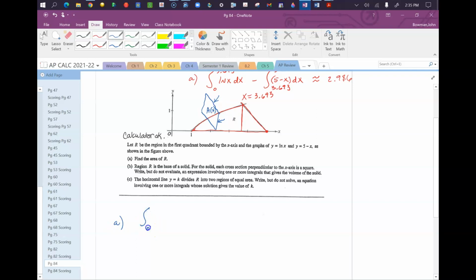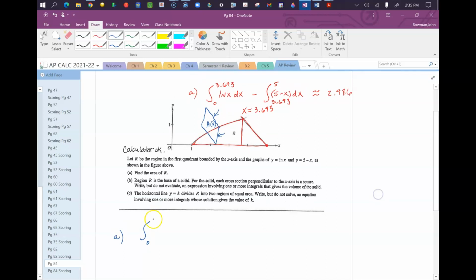the integral from 0 to 3.693 of ln x squared is the area of that square, dx, plus at the 3.693 x value, we're going to transition to a different upper function, 3.693 to x equal 5 of 5 minus x quantity squared dx.